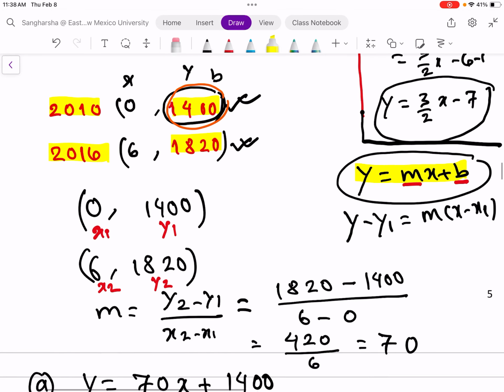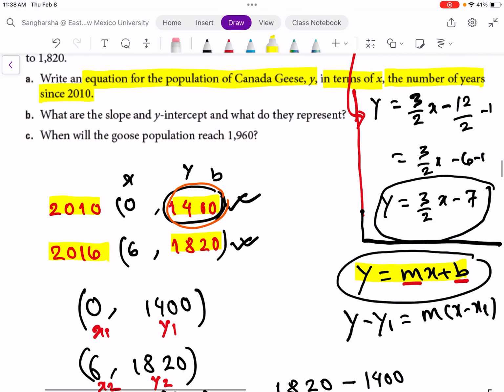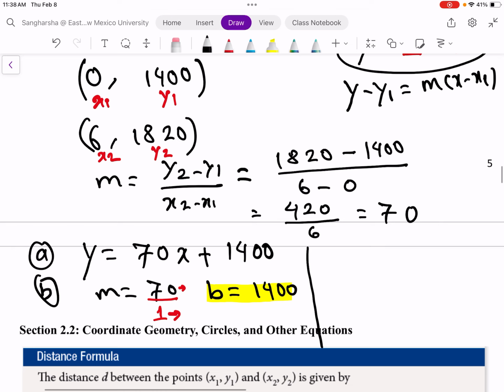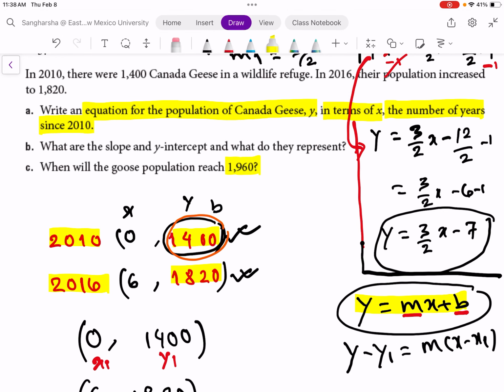Now we need to find the year that the number of geese reached 1960. That's for number C. Now what is that 1960 in our equation? Our equation is y equals 70x plus 1400. Is 1960 x or y?